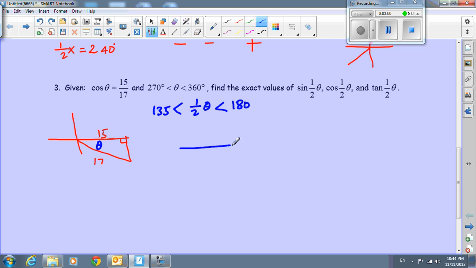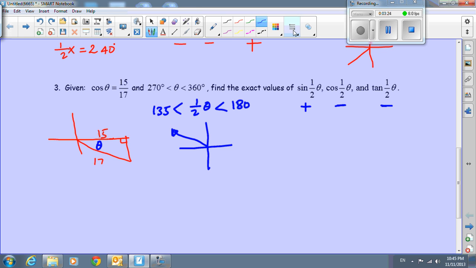So the location of 1/2 theta is between 135 and 180, meaning somewhere here. Now that I know the location of this, I can tell you that the sine, which is the y value, will be positive. This one will be negative, and this, of course, will be negative.